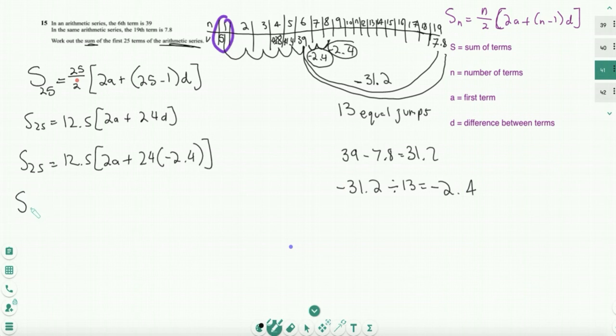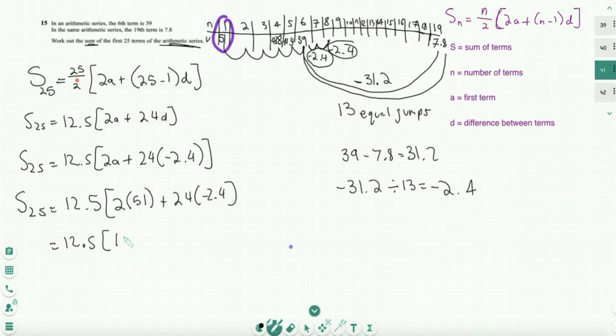So the sum of the first 25 terms is equal to 12.5 times 2a, where a is the first term, which is 51, plus 24 times negative 2.4. 2 times 51 is 102, plus, oh no, we don't know it's plus yet. 24 times negative 2.4 is negative 57.6.